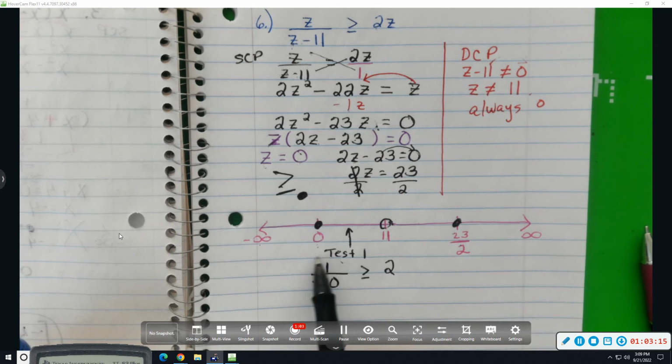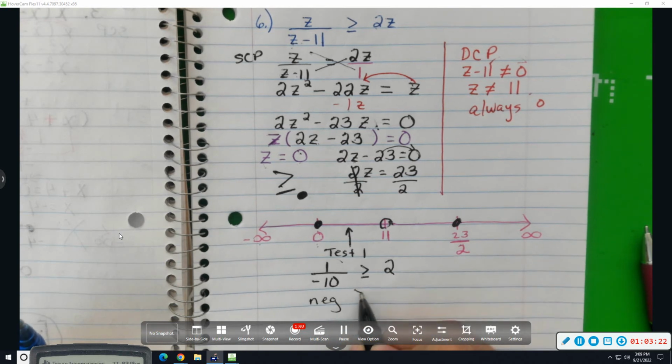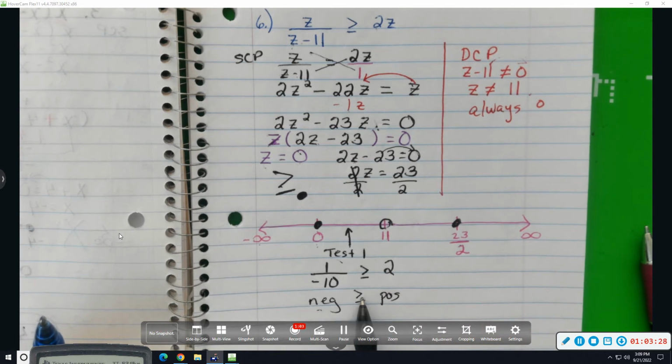So this fraction, 1 over negative 10, is a negative number, and this number over here is positive. Is a negative number ever bigger than a positive number? No. So what is this interval, true or false? It's false.